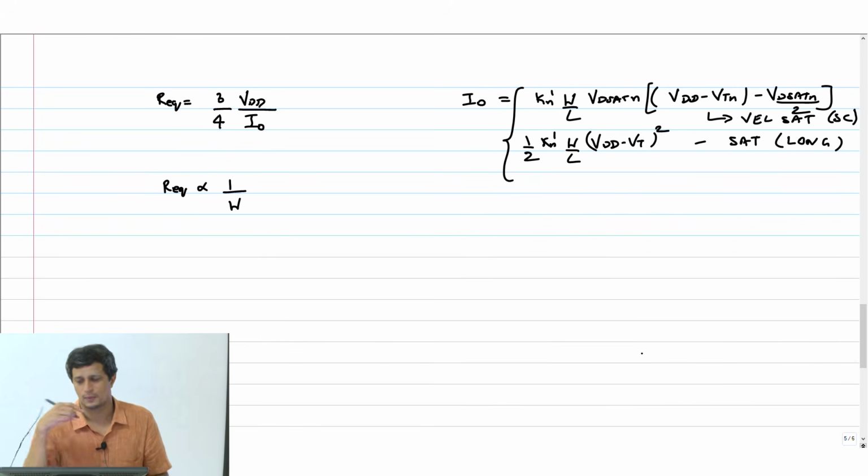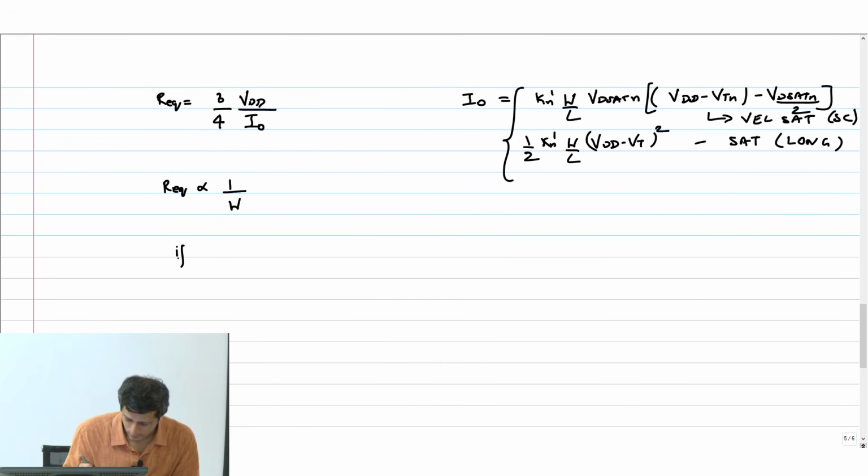Now, what happens if VDD is very large? Suppose VDD is very large such that VDD minus VTN minus VD sat n by 2, right? Or VDD is very large compared to VT, then what will happen? If it's velocity saturated and VDD is very large, what happens to the R equivalent as a function of VDD? But there is also an inverse dependence on 1 by VDD minus VTN minus VD sat n, no?